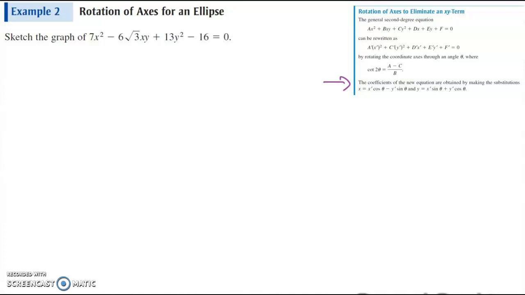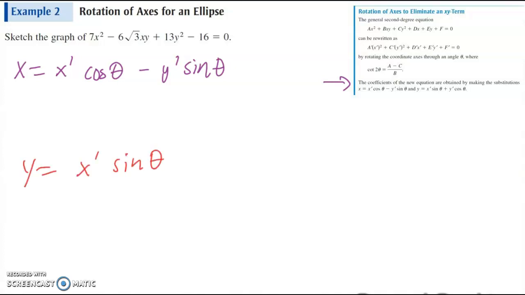In these problems, they're going to work out nicely. So we have the formula x equals x prime cosine of theta minus y prime sine of theta, and the other formula is y equals x prime sine of theta plus y prime cosine of theta.